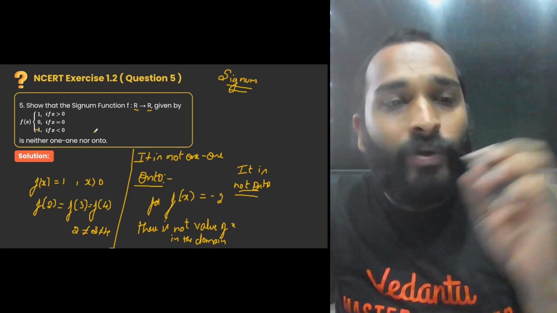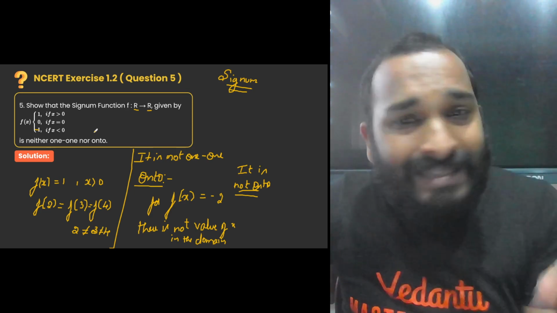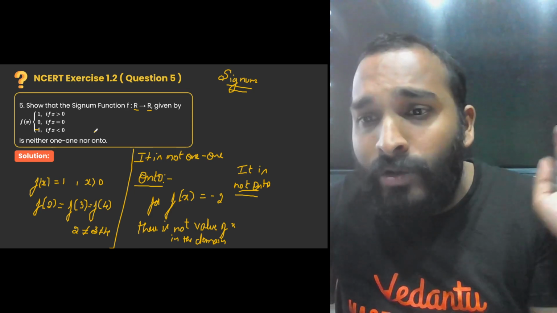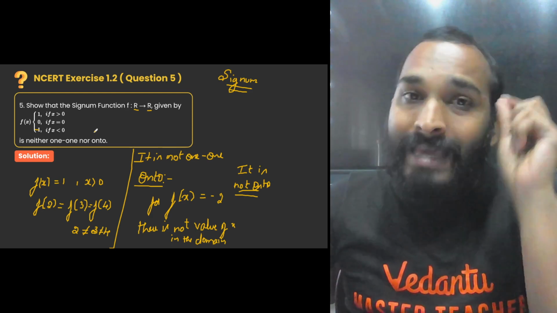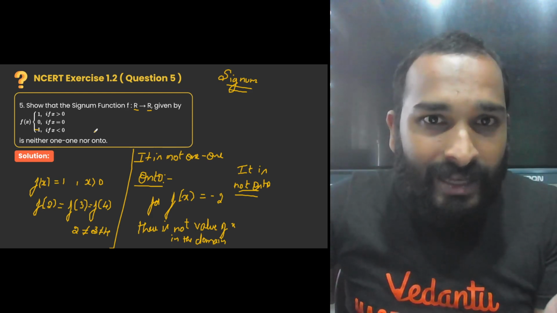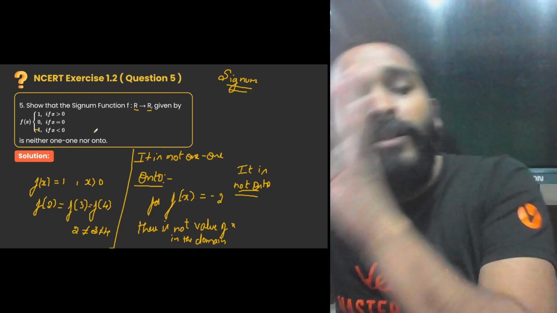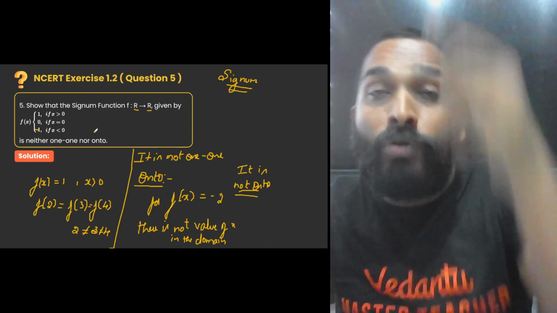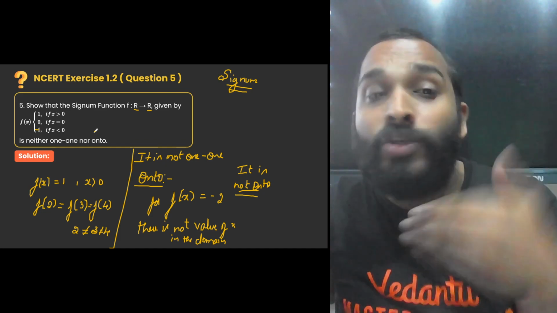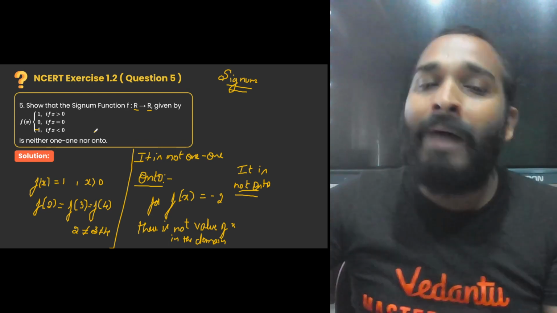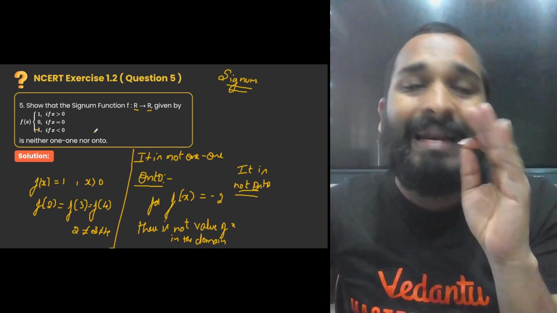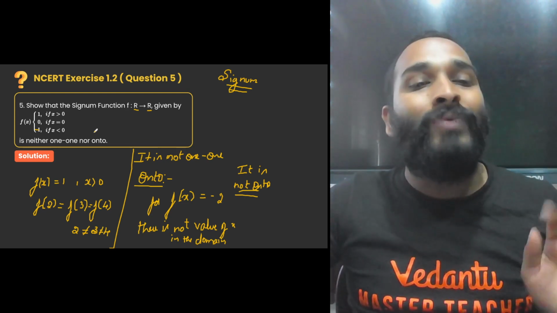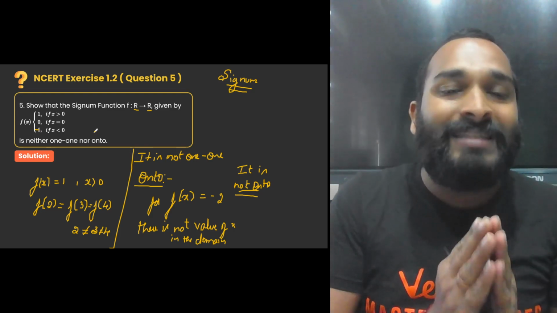If x is 0, it takes the value 0, and if x is less than 0, for whatever value it is going to take the value minus 1. Keep this in mind children. Whenever you get sums like this, you can clearly understand that in the codomain there are only 3 elements out of the set of all real numbers. That means not all the elements of the codomain are mapped. So clearly, just by looking at the question, you can write it as not onto. Is that clear children? I hope you have understood this question.